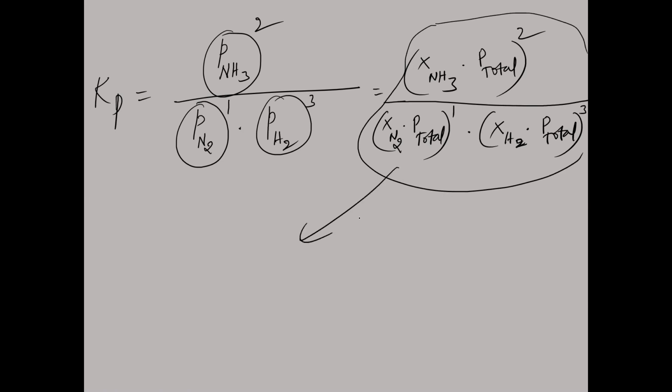Now tell me again, mole fraction means what generally? Number of moles of ammonia by total number of moles, right? So in place of X NH3, what do we write?